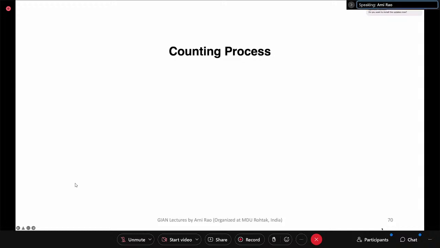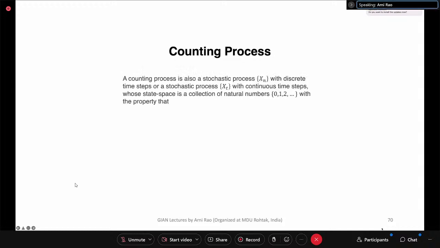Let us see a counting process. The name itself suggests it's something we are counting, like the number of cars at a signal, number of certain branded cars, or number of buses, or number of trains, anything.